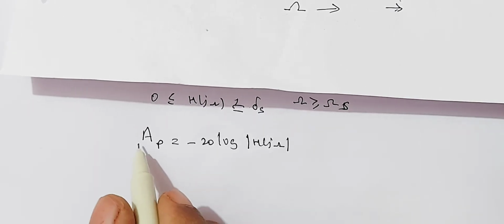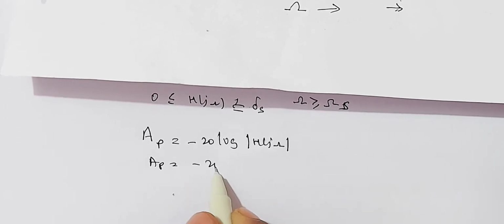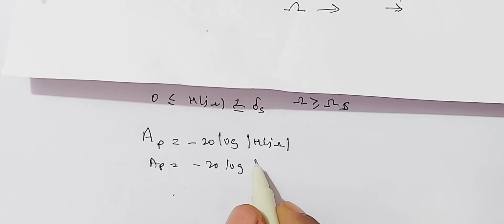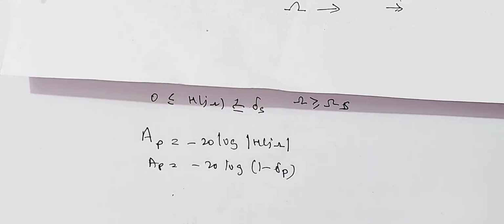Here, since this is a pass band, we can write minus 20 logarithm of what is the pass band value? 1 or 1 minus delta P. Both are same. Pass band value is 1.